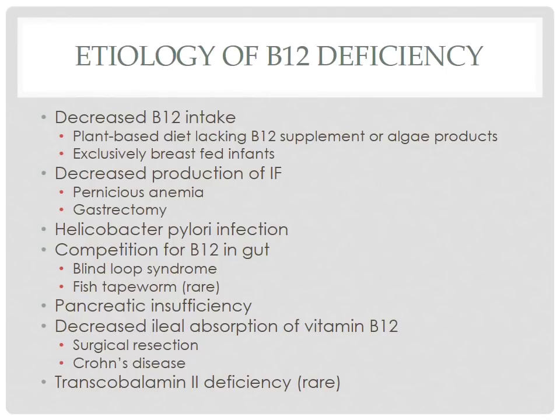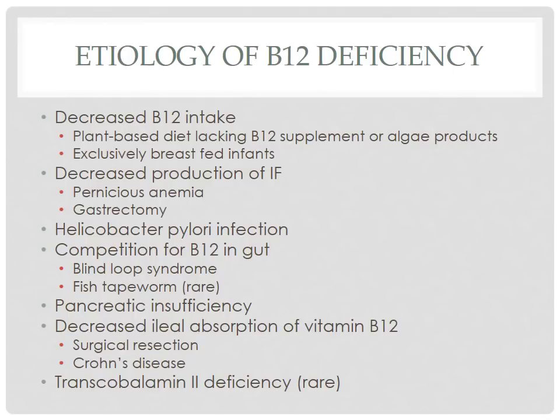And you can also see this after a gastrectomy because the intrinsic factor comes from the stomach's parietal cells, and if there are no parietal cells, there is no intrinsic factor. H. pylori infections can interfere with the B12 absorption. If there's other competition for B12 in the gut, so things like blind loop, or if there's a tapeworm, there can be B12 deficiency.